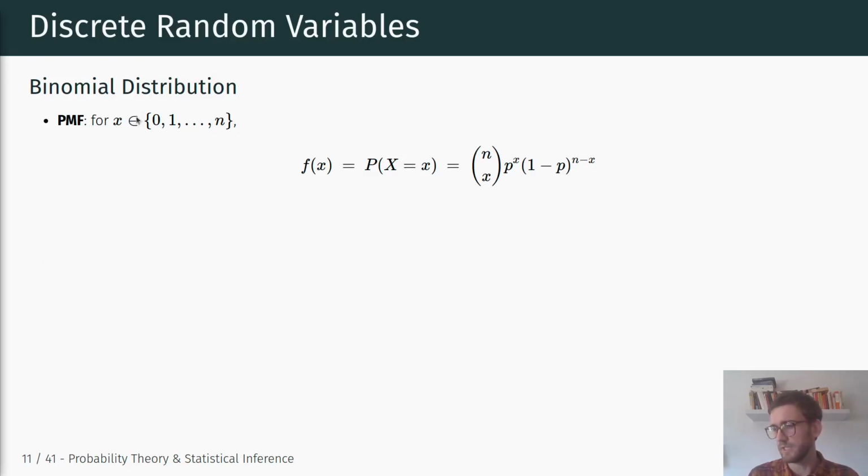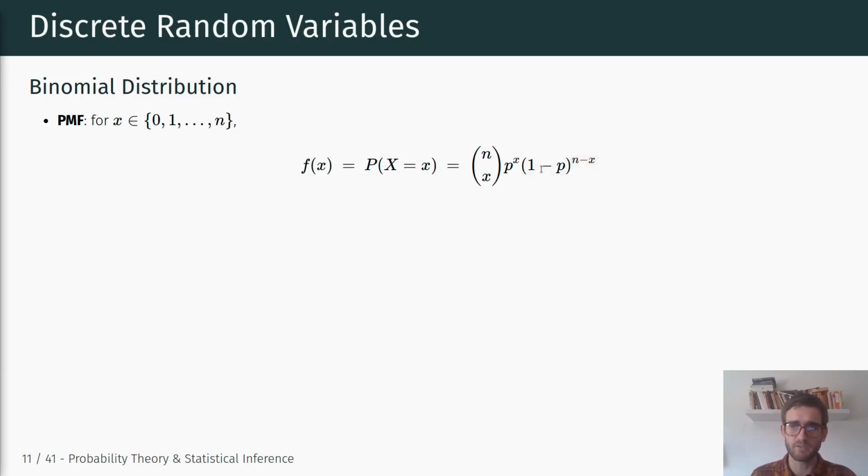For a random variable X with a range between 0 and n, for the number of successes in n trials, the probability of X being equal to some realization x is n choose x times p to the power of x times 1 minus p to the power of n minus x.